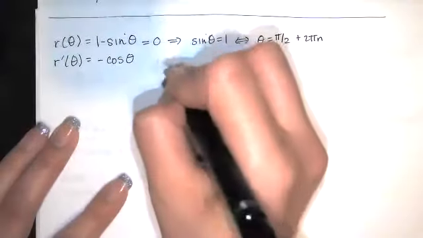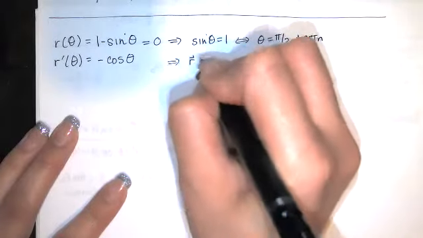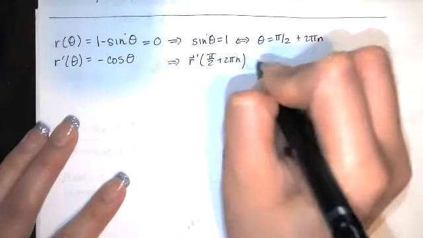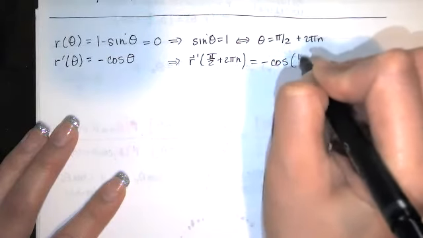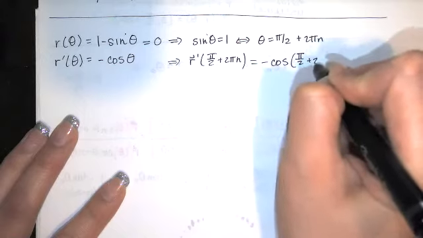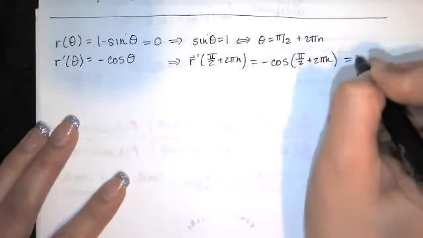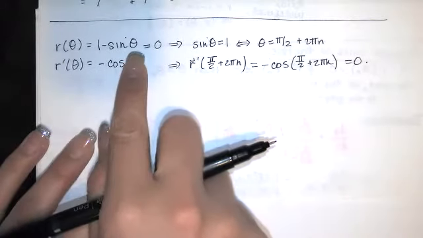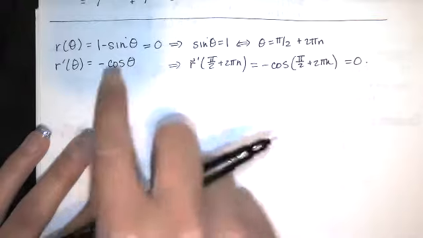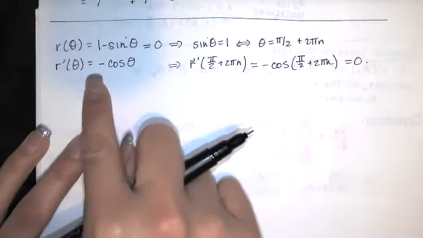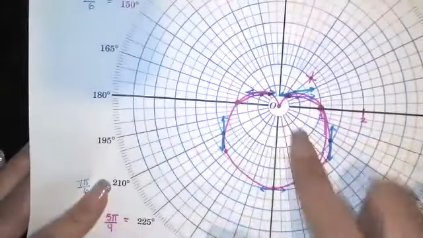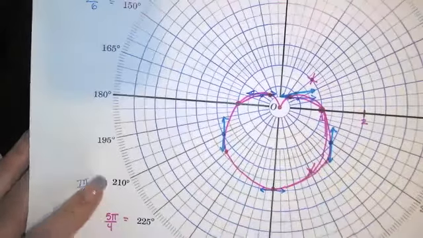Yeah, I think we do have a problem. r prime at pi over 2 plus 2 pi n is negative cosine of pi over 2 plus 2 pi n. Well, that is 0. So r of theta is equal to 0 at these angles, and at the same angles, the derivative of r with respect to theta is also 0. So it looks like we don't have any tangent lines that pass through the pole for this particular function.